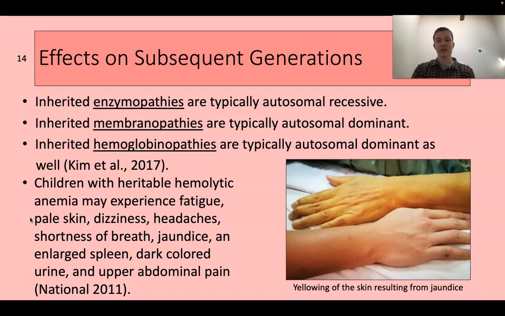However, children can present with the same symptoms as adults, which includes fatigue, pale skin, dizziness, headaches, and shortness of breath. These symptoms can also indicate a number of different ailments, unfortunately. So more specific symptoms, which are more indicative of hemolytic anemia specifically, are jaundice, an enlarged spleen, dark coloring of the urine, and upper abdominal pain.